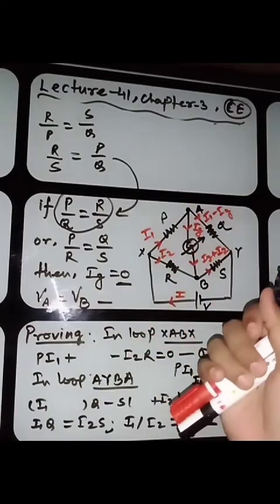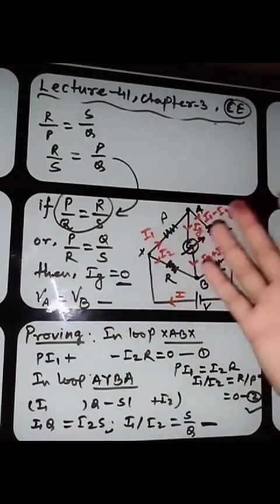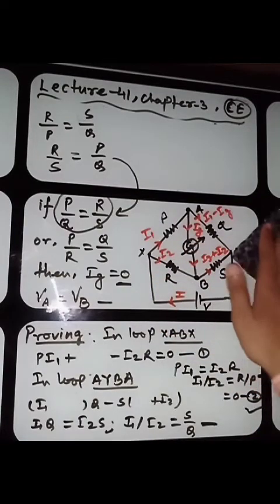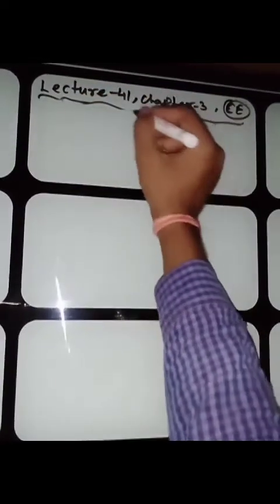Okay, let us see a few questions based on the balanced Wheatstone bridge that are very simple. I hope that you can solve the question before I start solving. All right, the first question.